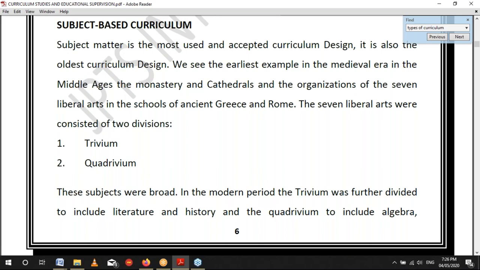Let's look at the characteristics of subject curriculum. Number 1, information for future use. The information that you get now is for the future, not for the immediate.